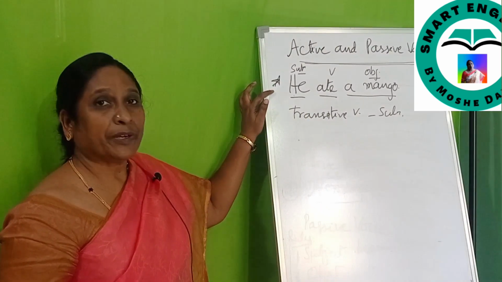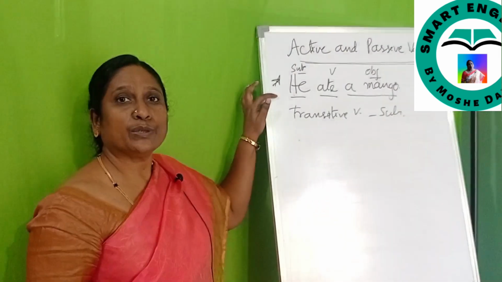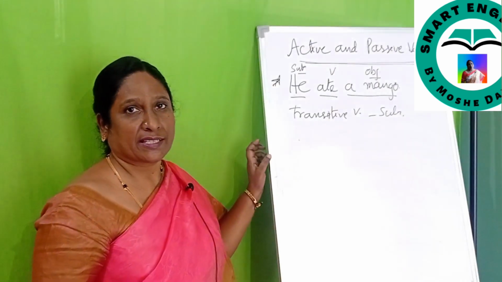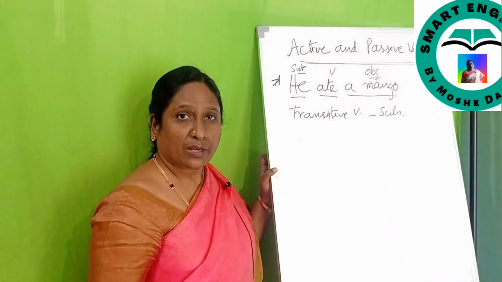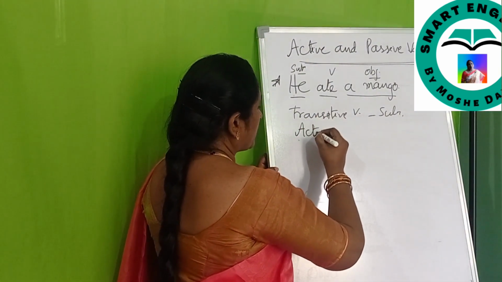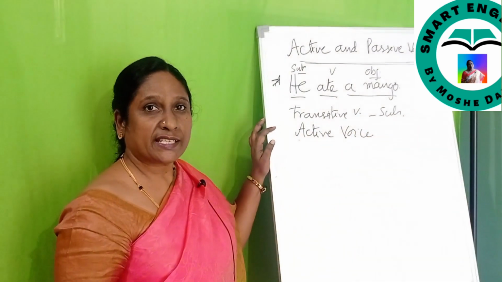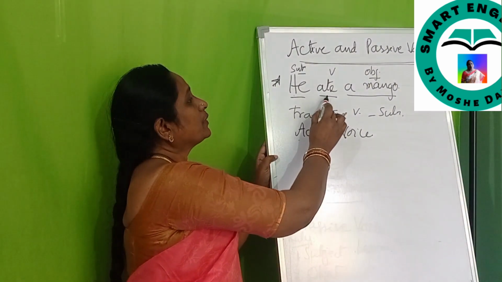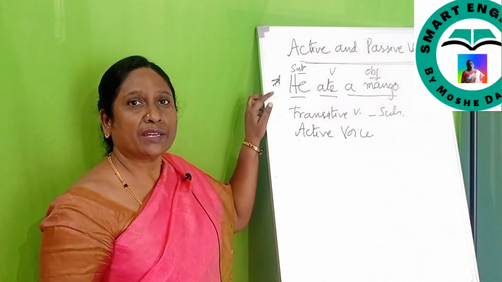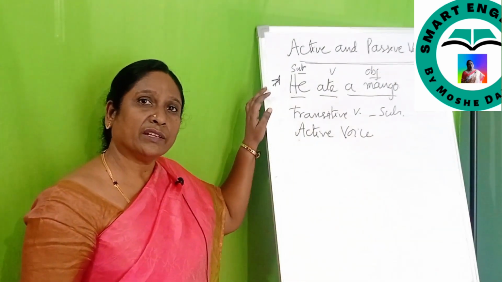That means this sentence gives prominence to the doer of the sentence. So this sentence is in active voice, because the verb is telling what the doer is doing.